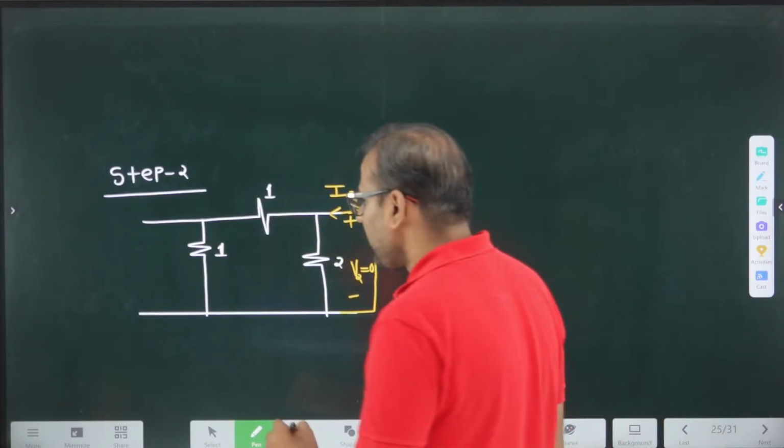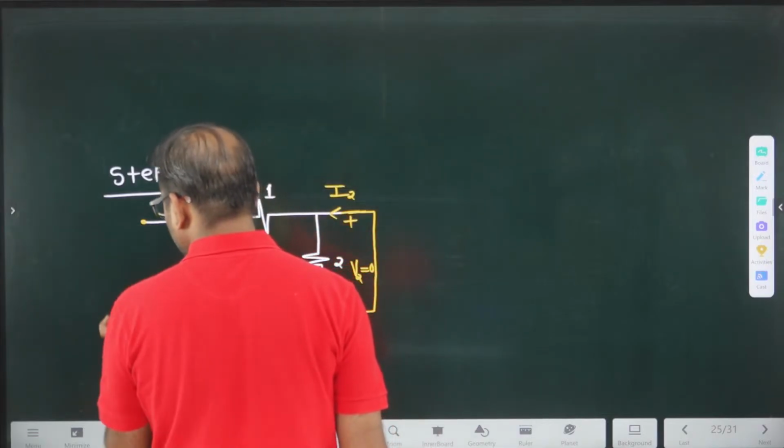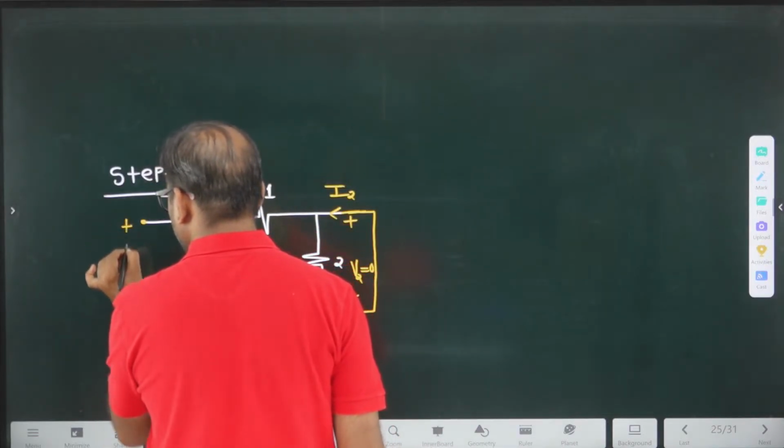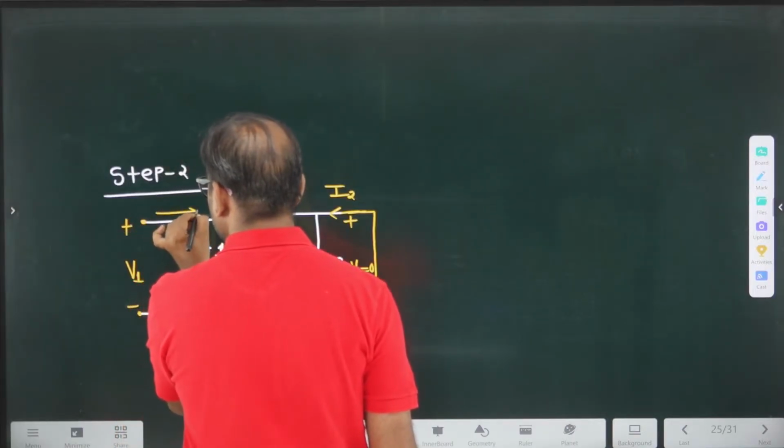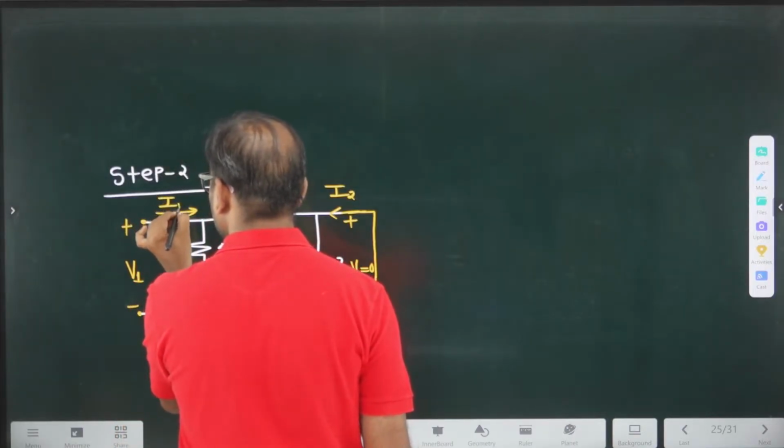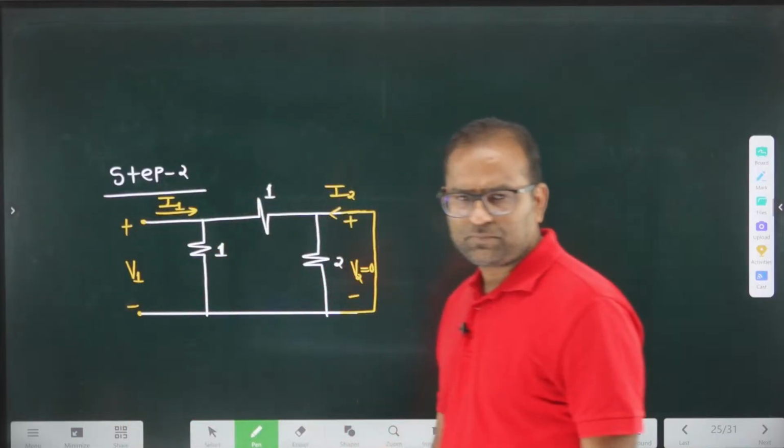What else do we have? At the input port we have two variables. One variable is V1 and another variable is I1. Correct?